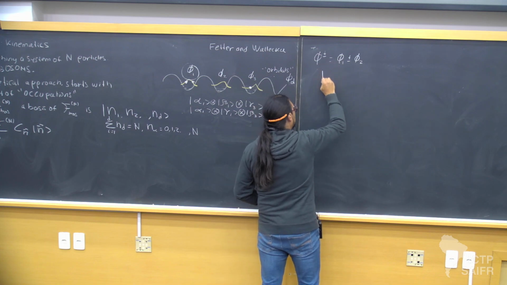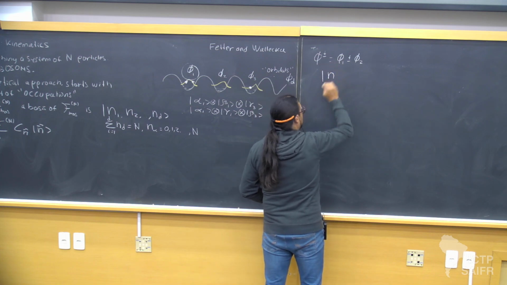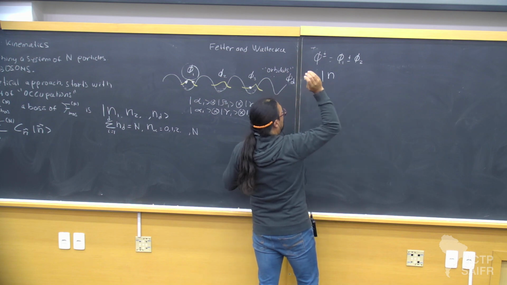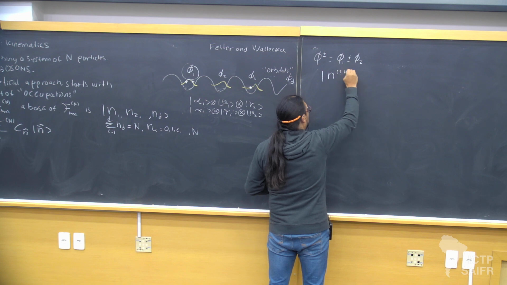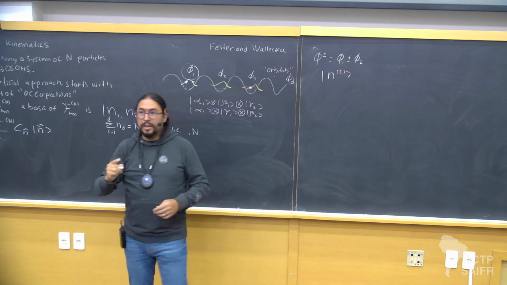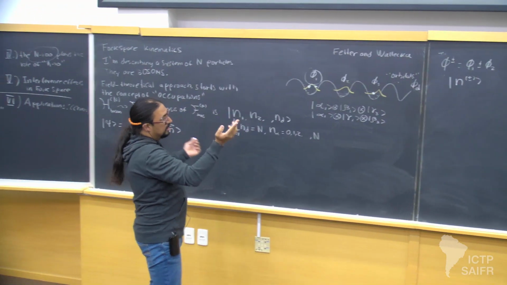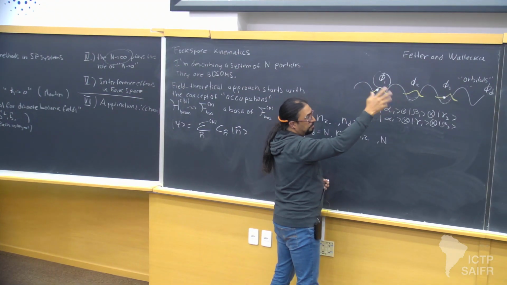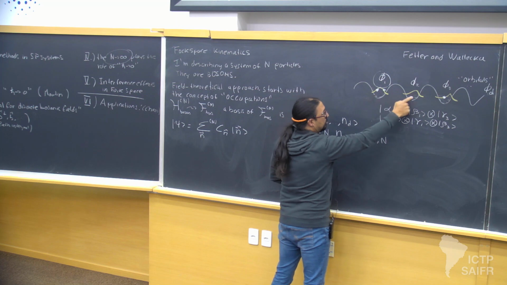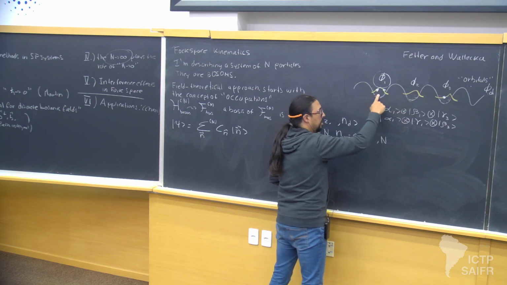I can construct the state of putting n particles in the plus minus single particle orbital. How do these particles look? Well, they are delocalized here, because phi plus minus is a superposition of these two. The particle is not here, not there.